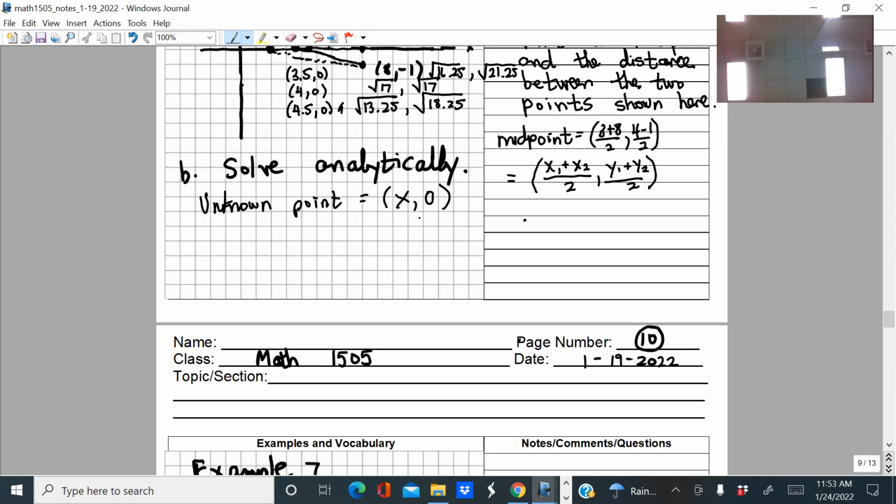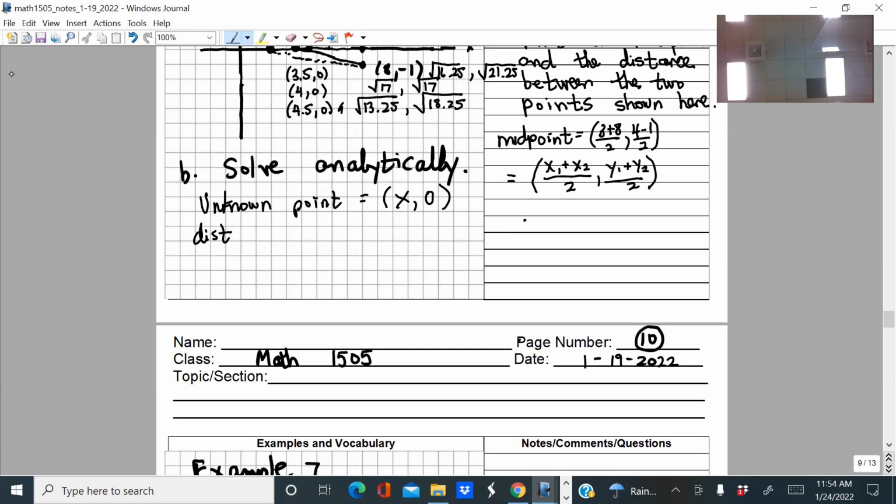We're going to do the same thing with the unknown point that you guys did with your estimate points. I'm going to calculate the distance from that unknown point to my 2 given points. But I don't know what the x coordinate is, so I'm not going to come up with a specific number, I'm just going to come up with an expression. So let's calculate those 2 distances.